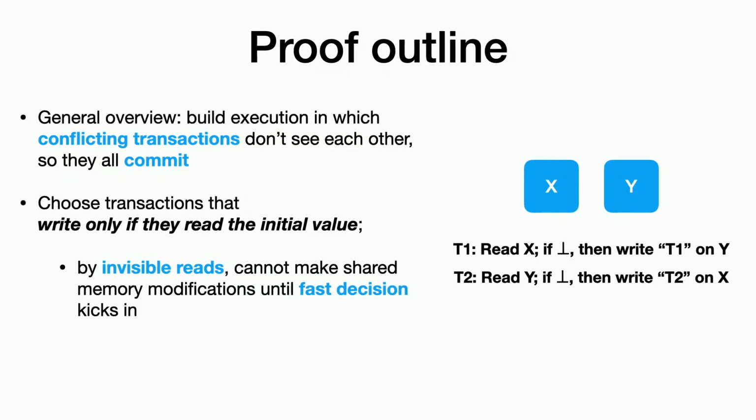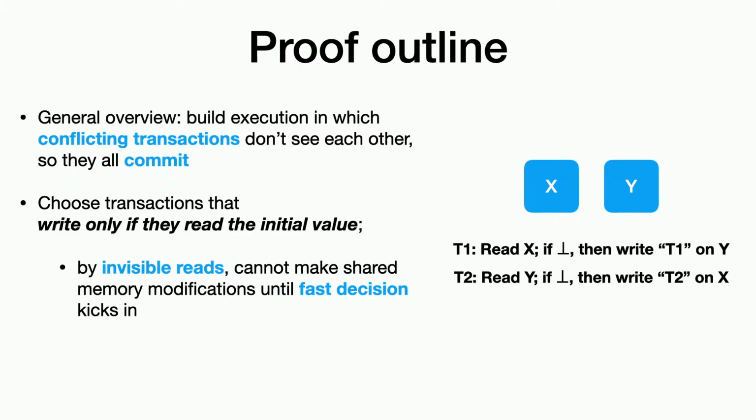Well, we'll start by arguing that by invisible reads, these transactions can't make any modifications before they discover that they have a non-empty write set, right? And once they discover that, they've actually also discovered their entire data set, in which case they have now a single round trip before they must terminate.